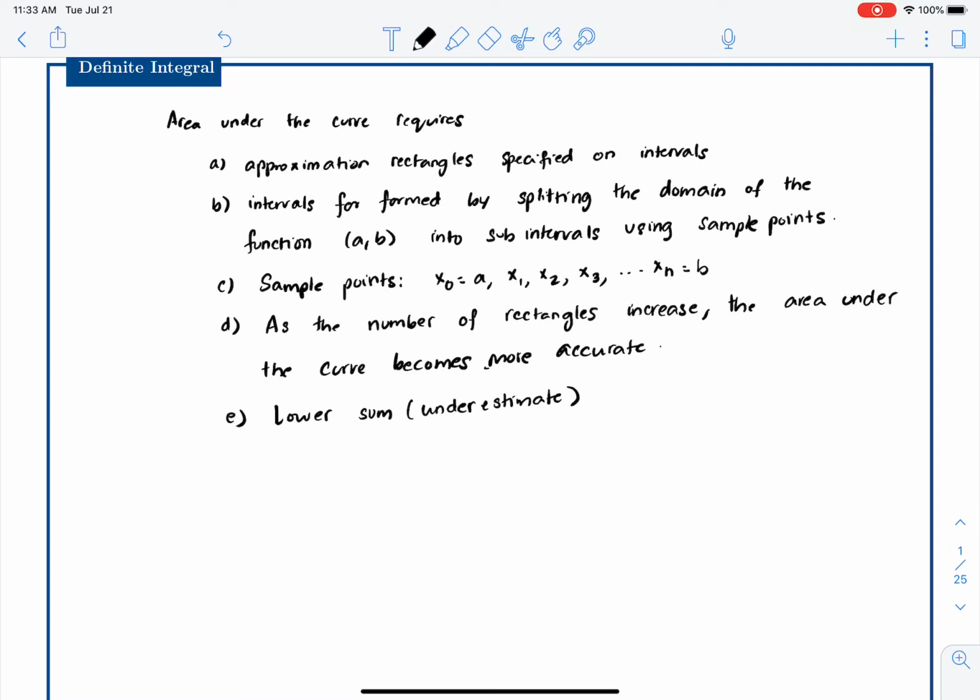And the lower sum has approximation rectangles strictly under the curve, in the sense none of the rectangles would go above or past the curve.